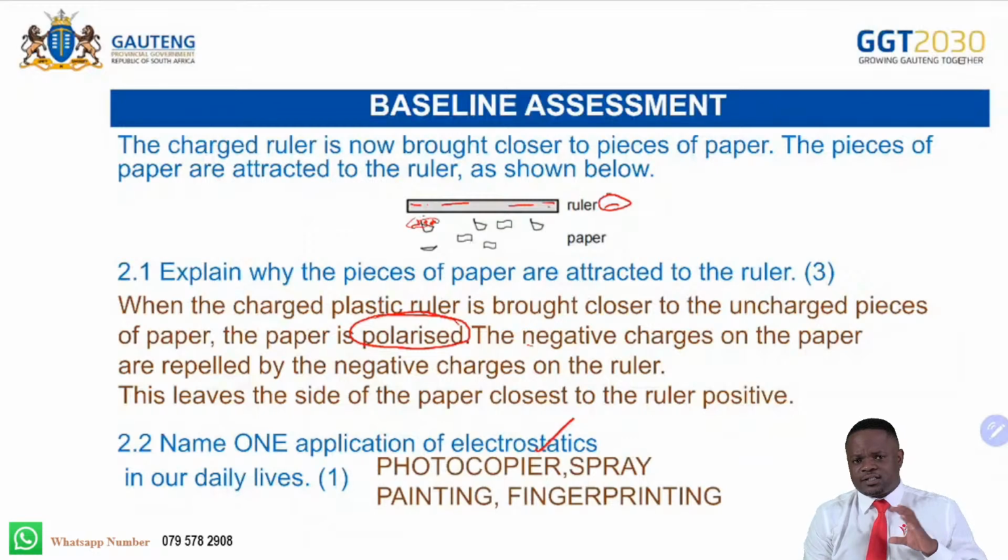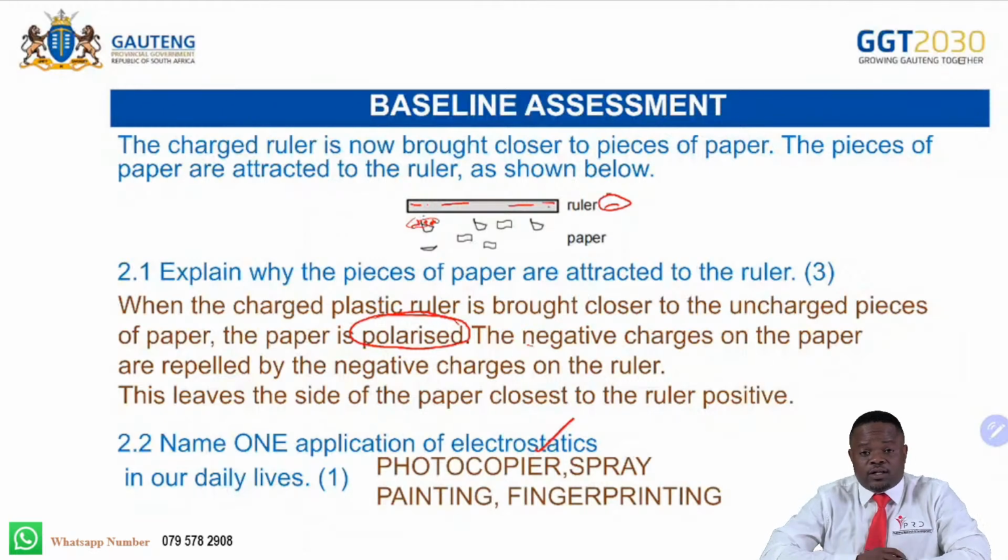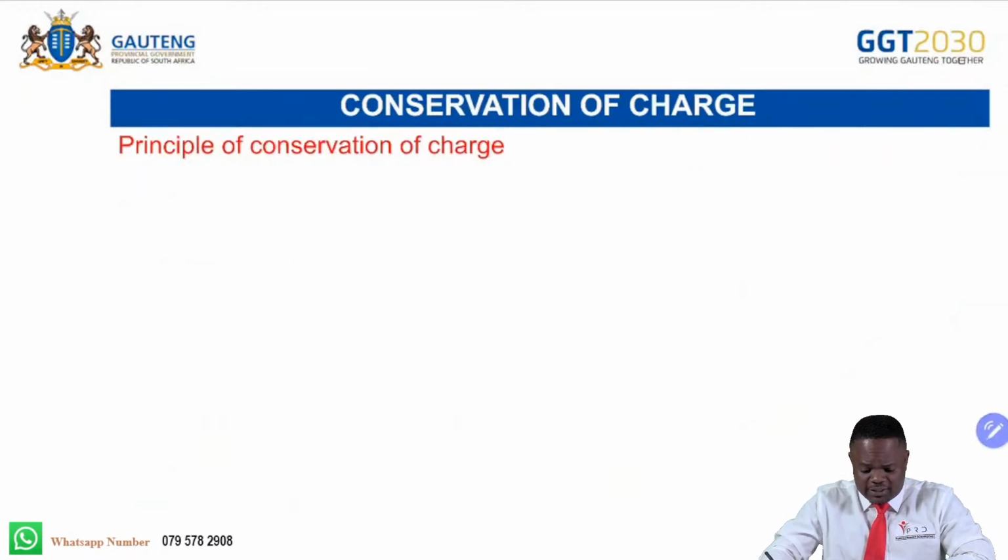Remember we said this section on electrostatics is quite broad. However, our lesson today, we want to commit to conservation of charge. So all these aspects that we mentioned in our baseline, I hope you understand them and you got some points there. So now we want to look at the conservation of charge.